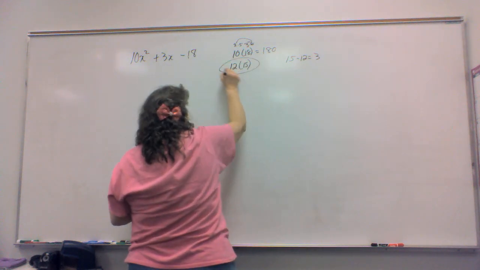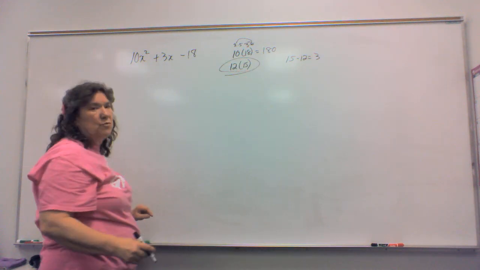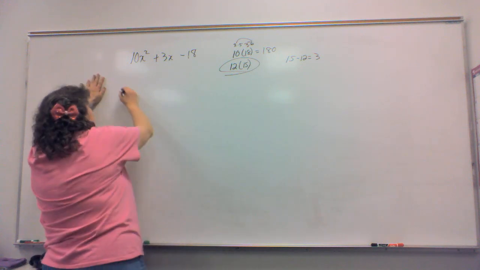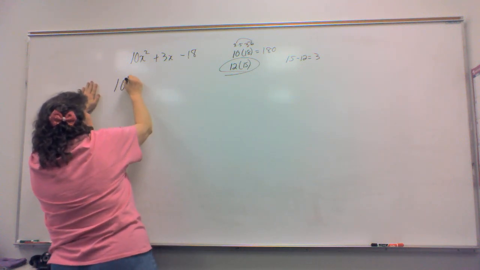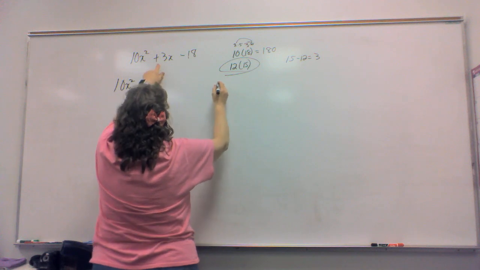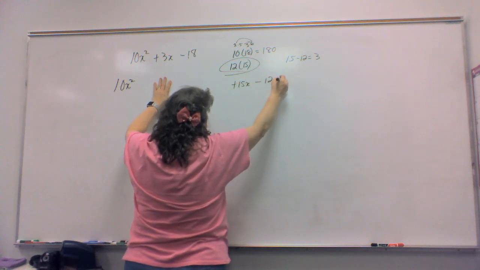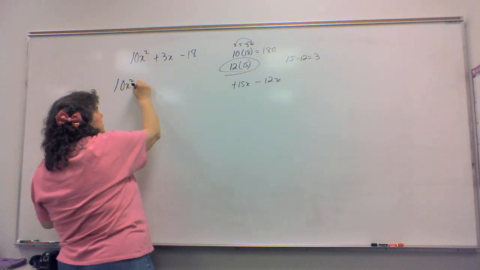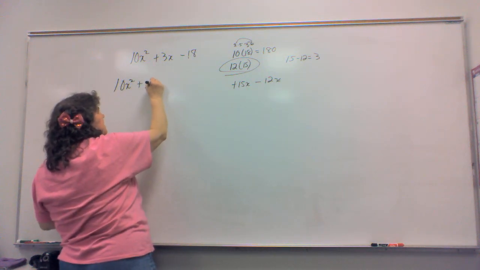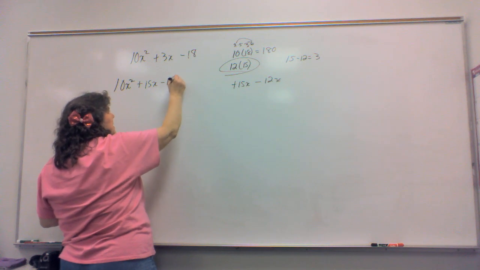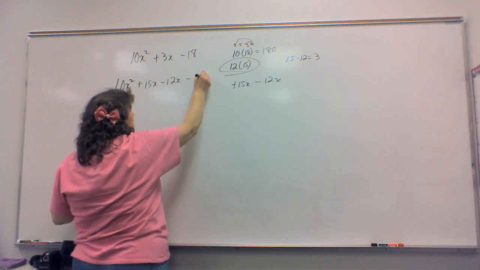So therefore my factors are 15 and 12, okay? So 10x squared, because this is going to make a positive 15x minus 12x because it's a positive 3. So plus 15x minus 12x minus 18.